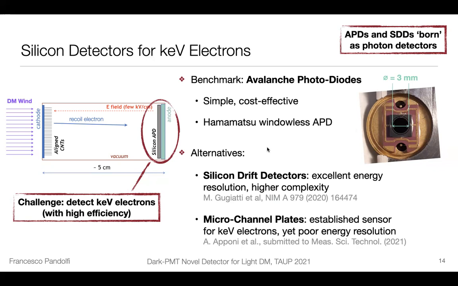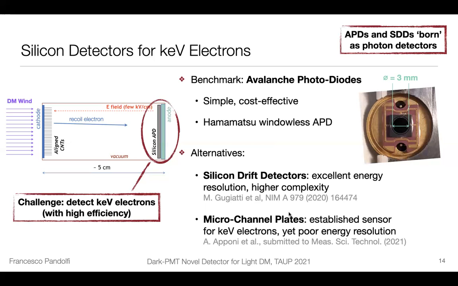On the one hand there are SDDs, silicon drift detectors, which are a similar technology, but they have a significantly better energy resolution than APDs. They have been used for the detection of keV electrons. You can see this paper over here. However, they're slightly more complex and more expensive to manufacture. And then we're also looking into microchannel plates.